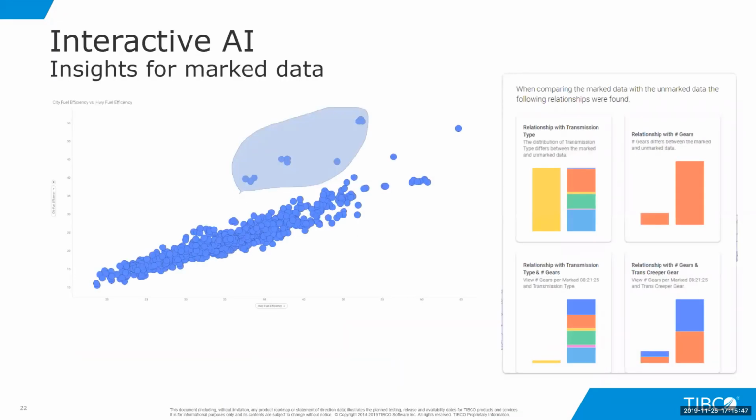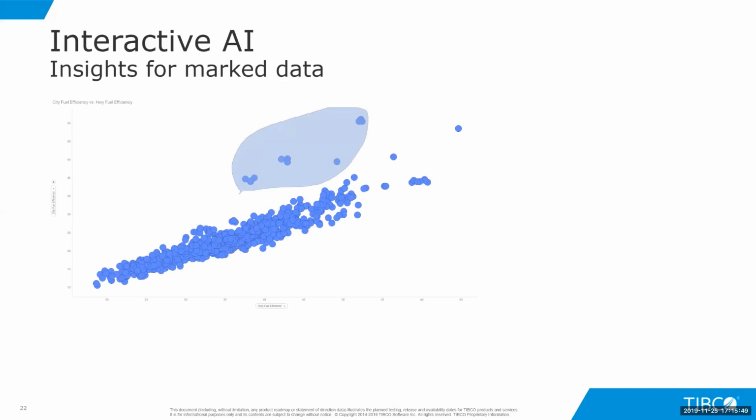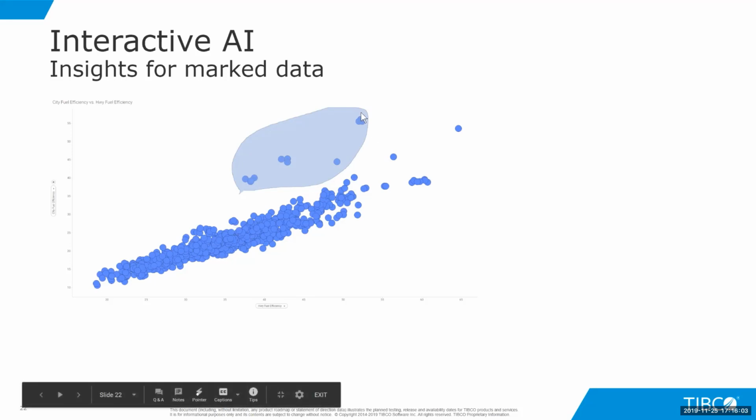The interactive AI feature, which gives you insights from marked data, allows you to pinpoint the part of the data that you're interested in, for example, like I'm doing in this screenshot here, circling a number of markers.